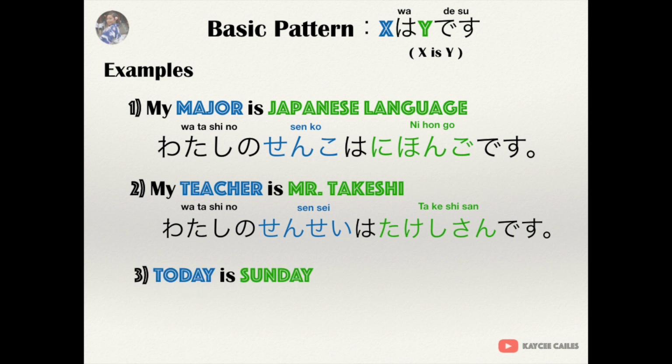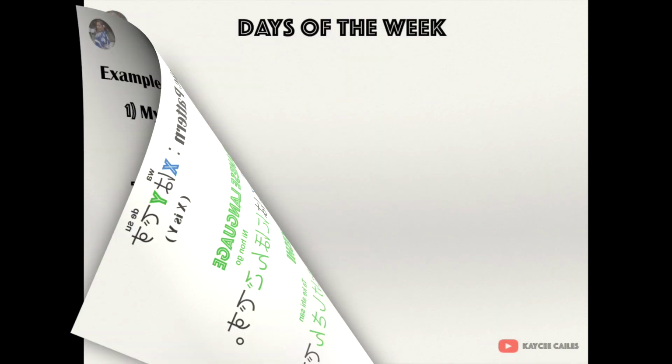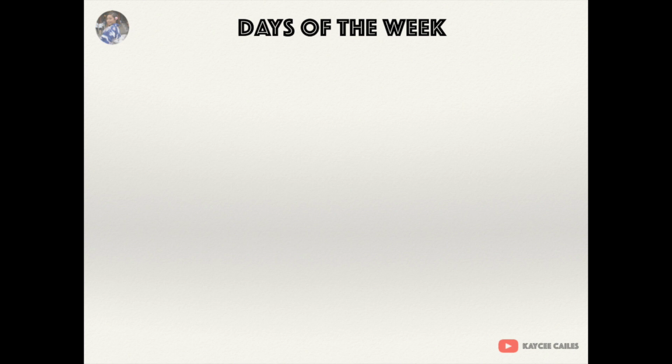Lastly, we have today is Sunday. Today in Japanese is kyou. Sunday in Japanese is nichiyobi. To make it a sentence, kyou wa nichiyobi desu. Today is Sunday. Now let's talk about the days of the week. Sunday is nichiyobi.